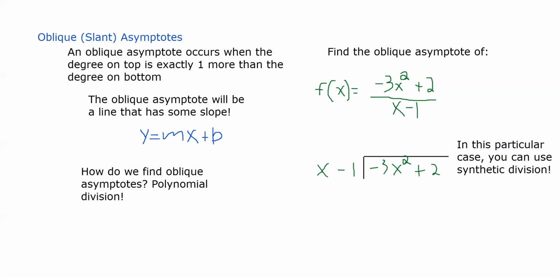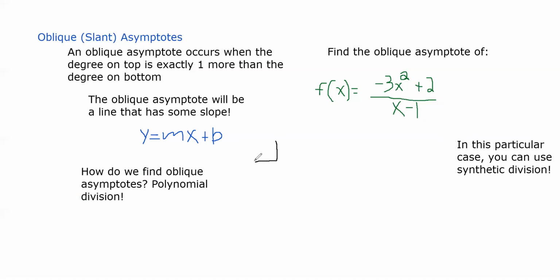So we're not going to do it this way because we don't have to. Nope. We're going to use synthetic division. We're going to have a number in the upper corner, and that's the number based on the bottom.